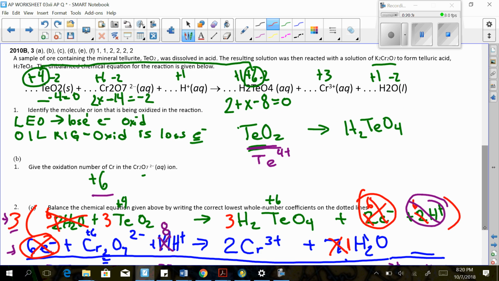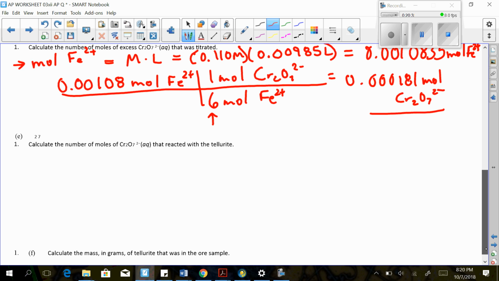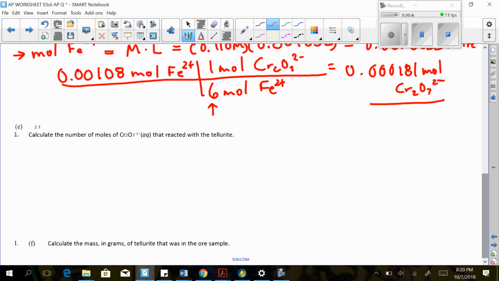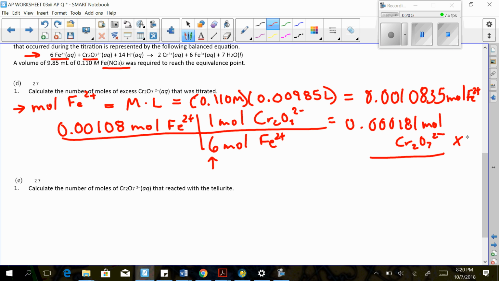Okay, part B, right back to the top. Part B asks us to calculate the number of moles that reacted with the tellurite. So this is just our excess, that reacted with the excess dichromate. We want to figure out from the beginning how much we had.